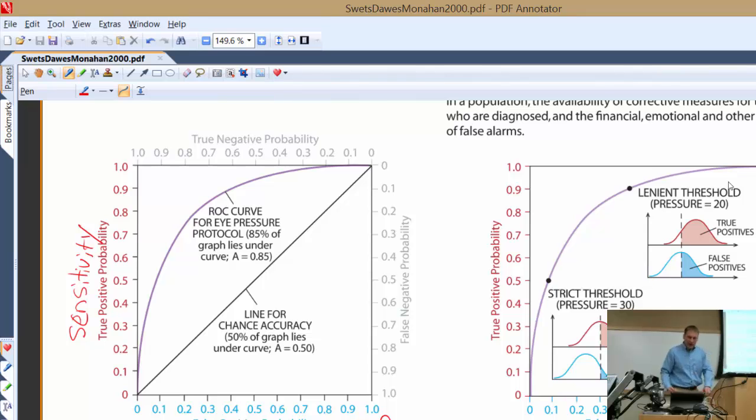Now, what's plotted here, this purple curve, is what a receiver operating characteristic curve looks like. The way that this plot came about, we'll talk about it in a logistic regression context. Actually, these curves can be used in other settings than logistic regression, but we're only going to talk about logistic regression.